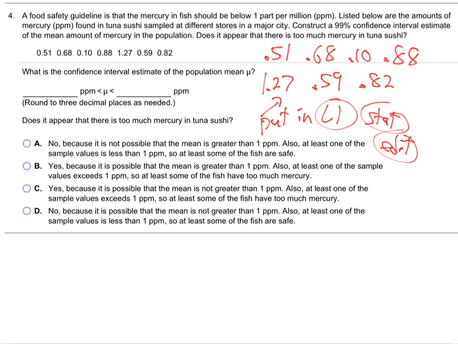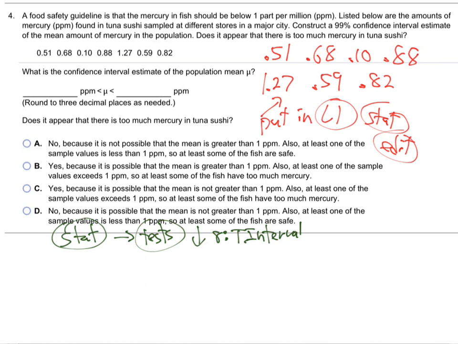So put that in, and then you hit stat and go over to tests. Again, down to number 8, which is T interval. Same test like usual, number 8, just like we've been doing.